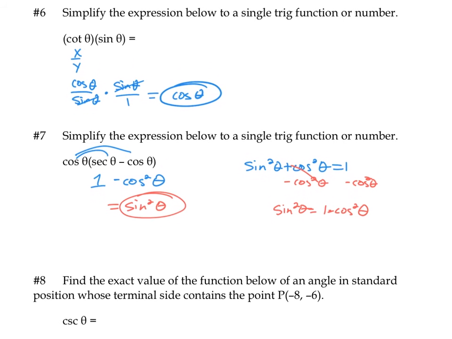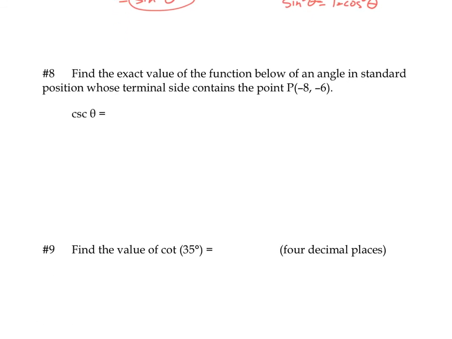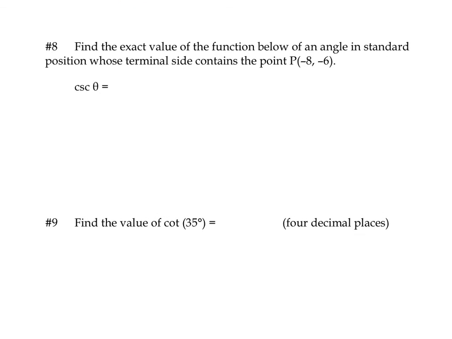Okay, and now we're looking at number 8. This is find the exact value of the function below of an angle in standard position whose terminal side contains the point -8, -6. So we're talking about something in quadrant 3, right? So we have this point right here, -8, -6. If we're trying to write cosecant, that's the reciprocal of sine. Sine is y over r, so this is r over y.